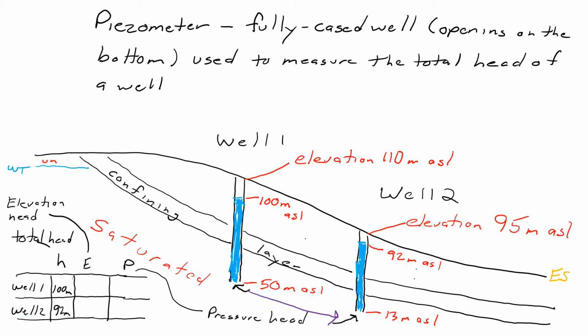Yeah, you can think of it as the filled height of the piezometer. So the base is 50 meters, right? Top of the column is 100 meters. So how much of it is filled? Should be 50 meters. So that's the elevation component.